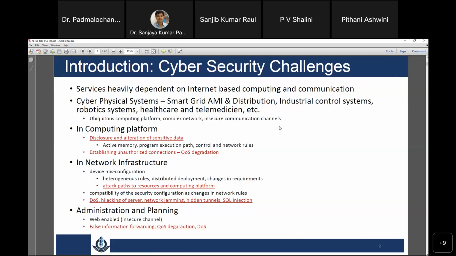In computing platforms, the security violations mainly lead to disclosure or alteration of confidential data, such as active memory, program execution path, and network control rules, access control rules. For example, firewalls have rules to allow or deny packets, and those rules can be modified. That is disclosure and alteration of sensitive data in the computing platform.